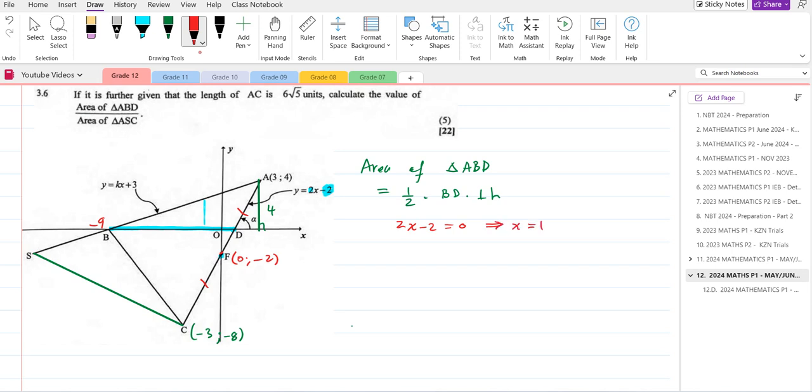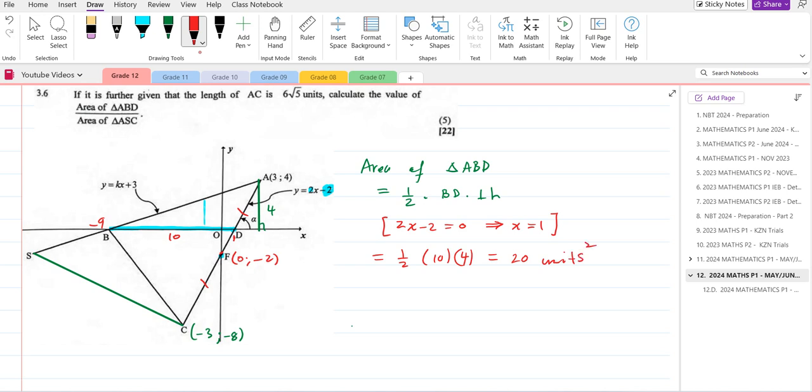So I've got the x-intercept, which is 1. So from -9 to 1, the distance is 10. So I've got half base times height. Base is 10 and the height is 4. So I've got 40 divided by 2, which is 20 units squared.